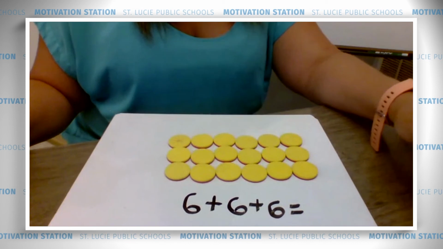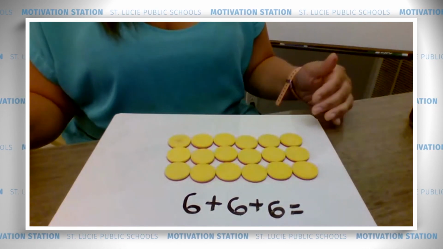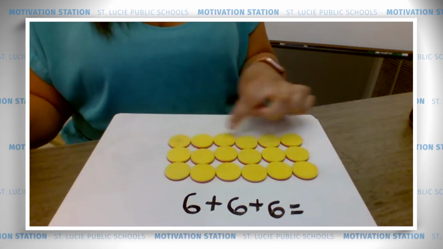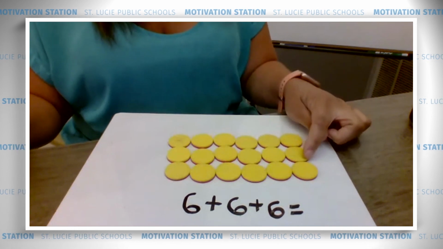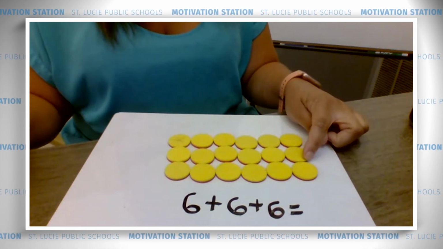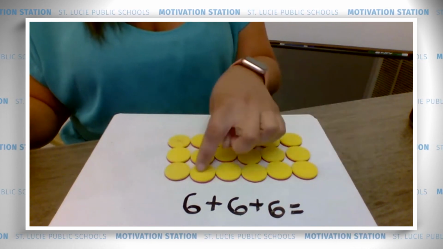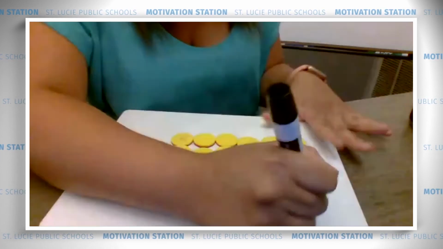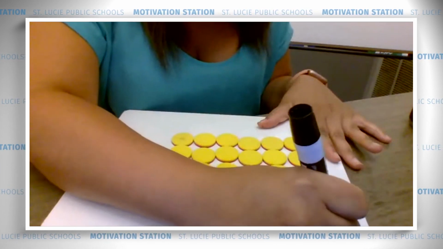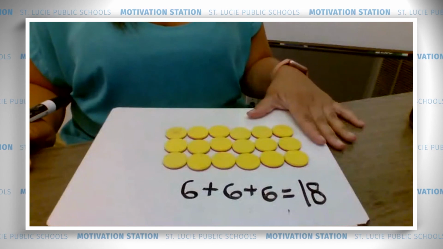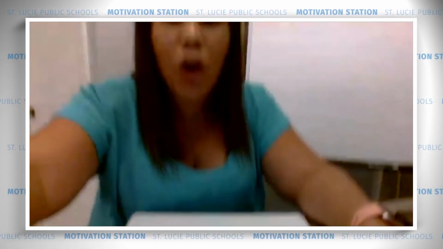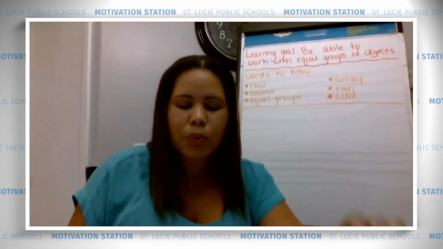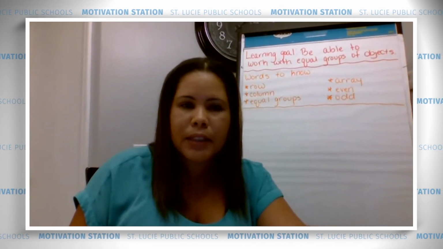And if we wanted to go ahead and count them also so that we know how many, we know 6 plus 6 makes 12, plus 6 more, 13, 14, 15, 16, 17, 18. We have 18 counters here, or 18 hearts, and our equation was 6 plus 6 plus 6 equals 18.